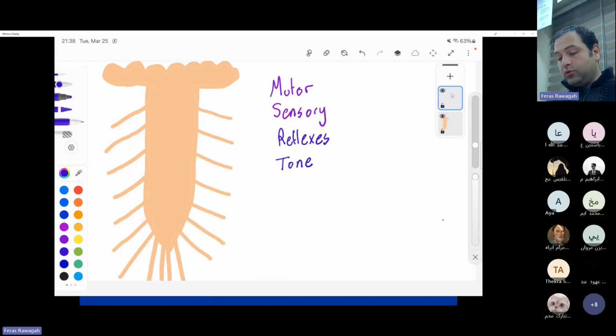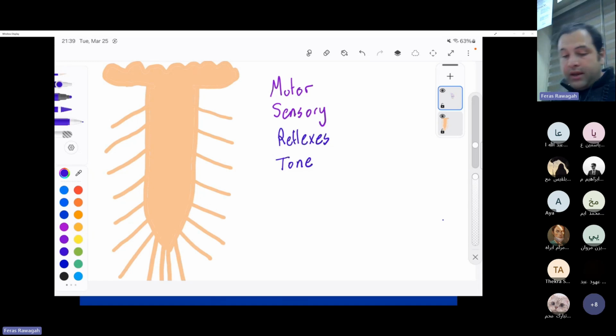Okay, we have two other functions. Those are the reflexes and the tone. And those functions, the reflexes and the tone, are functions intrinsic to the spinal cord itself, those functions work independent from the brain.